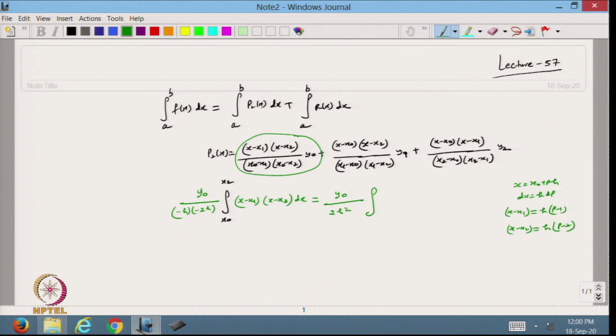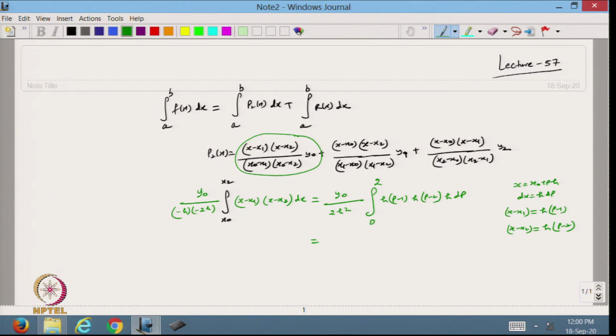When x is equal to x0, p will be 0, when x is equal to x2, p is equal to 2. So, this is h(p minus 1) into h(p minus 2), and dx is h dp.